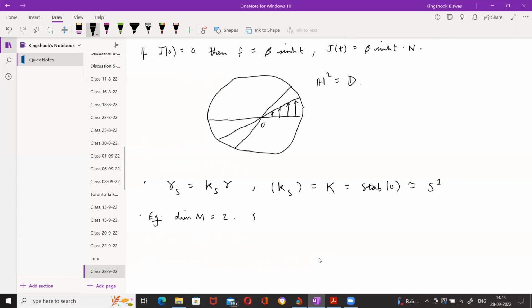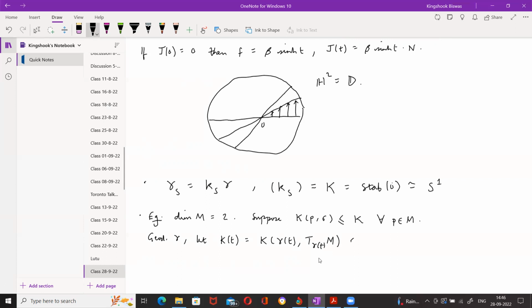Now suppose the sectional curvature K(p, sigma) is less than or equal to some constant k for all p in M. Then if you're given a geodesic gamma, you let k(t) be the curvature at the point gamma(t).